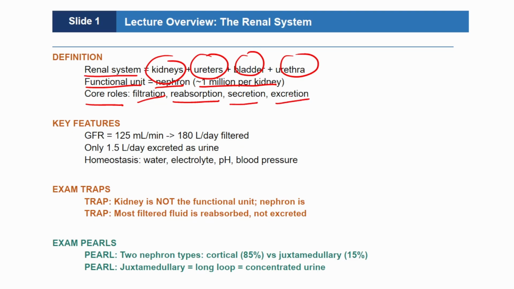Together, these processes maintain systemic homeostasis by tightly regulating water balance, electrolyte concentrations, arterial blood pressure, and plasma pH within a strict range of 7.35 to 7.45.